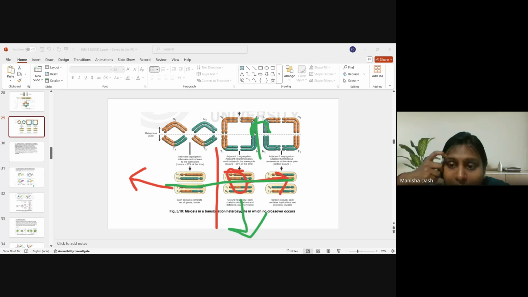See, the concept of one gene one enzyme hypothesis is usually this: suppose in a metabolic pathway multiple enzymes are involved, right?